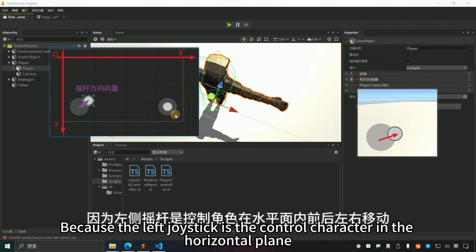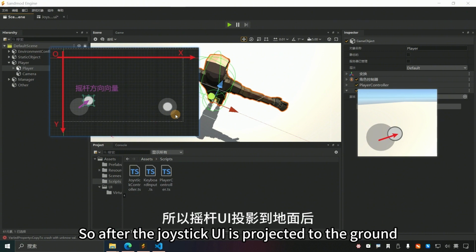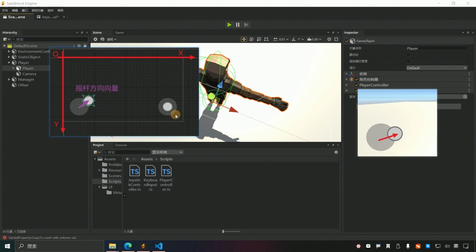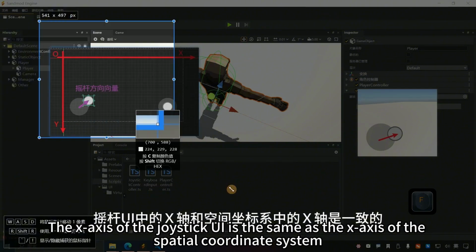Because the left joystick controls the character moving in the horizontal plane, back and forth, left and right, after the joystick UI is projected to the ground, the x-axis of the joystick UI is the same as the x-axis of the spatial coordinate system.